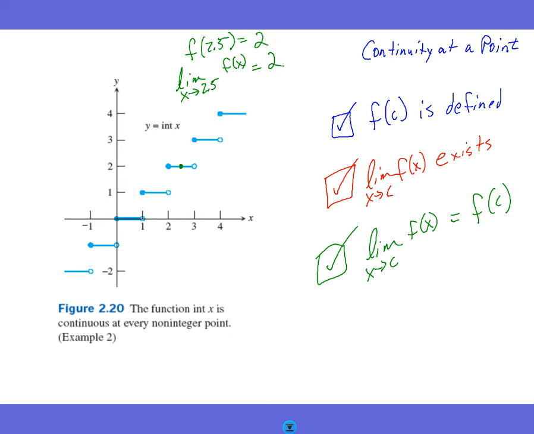And then the last thing you have to show is that the limit as x approaches 2.5 of my function is equal to f of 2.5. Now I know it looks obvious up here, but you do need to say it. So if you're asked whether it's continuous at a point, I need to see these 3 steps. Put a star on it, muy importante. Very important.